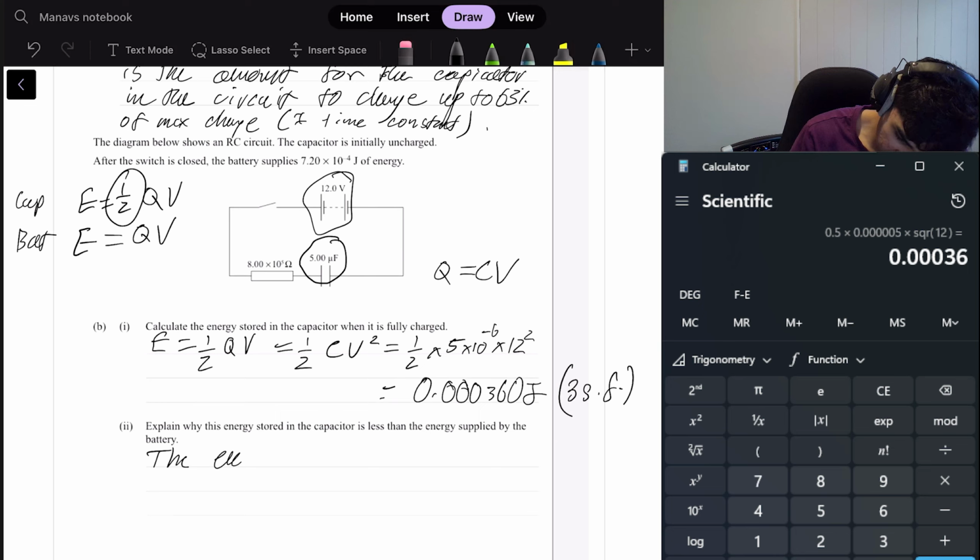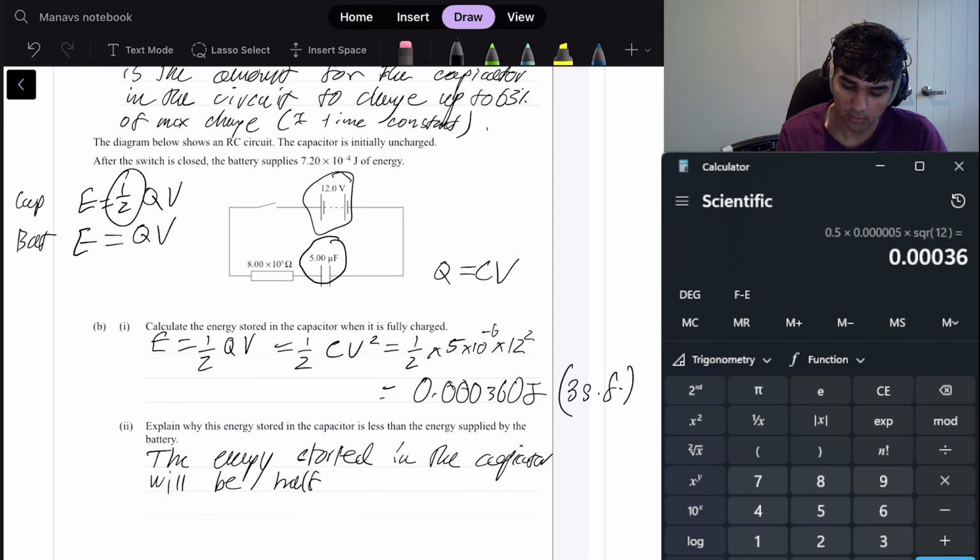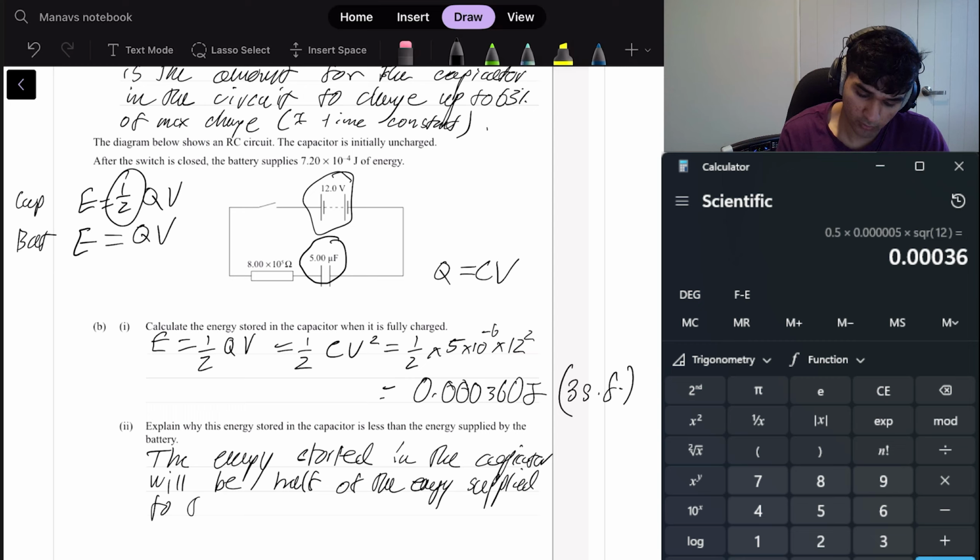So the energy stored in the capacitor will be half of the energy supplied by the battery, as... I don't even know.